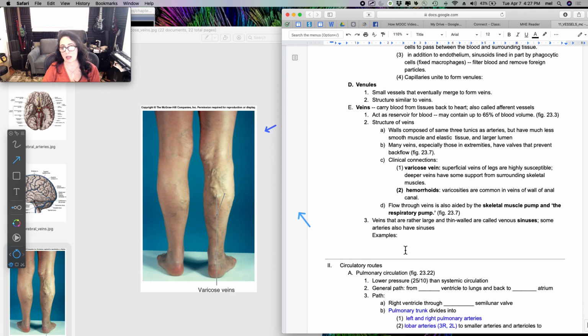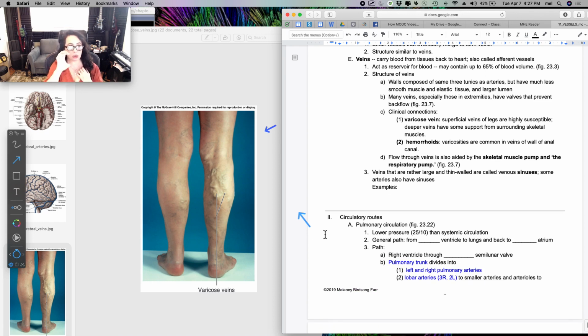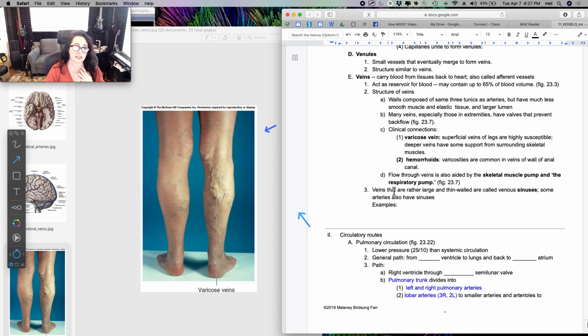Now a vein that is larger than other veins and really thin-walled is often referred to as a sinus. I know that you guys know some sinuses. You should know some that exist in the head, and one that exists on the heart. Can you think of some sinuses?